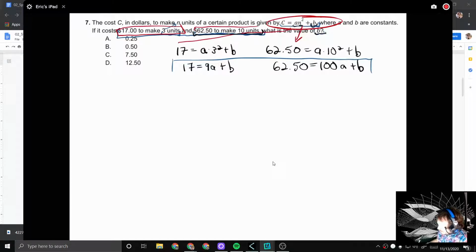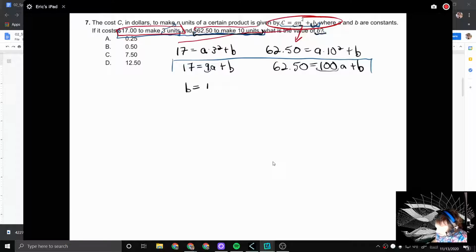Is there an easy way to substitute them? 9 and 100 is kind of annoying. I can't really solve for the A very easily, and I can't use elimination to eliminate the A very easily. So I'm just going to go with what's easy and solve the whole system. Get my value, do a substitution with B here.